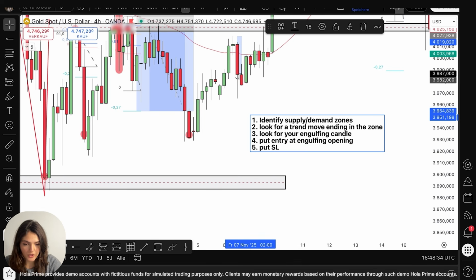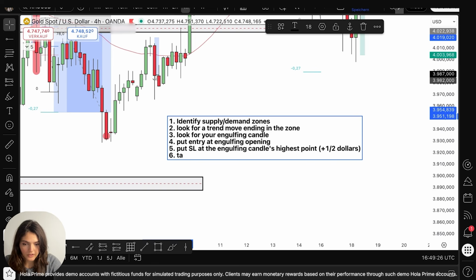Put stop loss at the engulfing candle's highest point. Let me just write plus $1 or $2. Target at minus 0.27 fib level of the engulfing candle. Use same risk on all trades. Okay, and that's it on the gold reversal strategy.